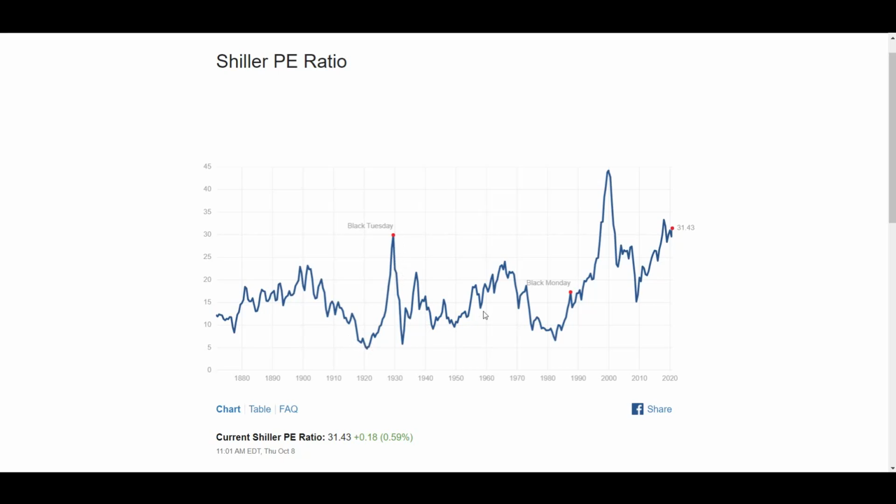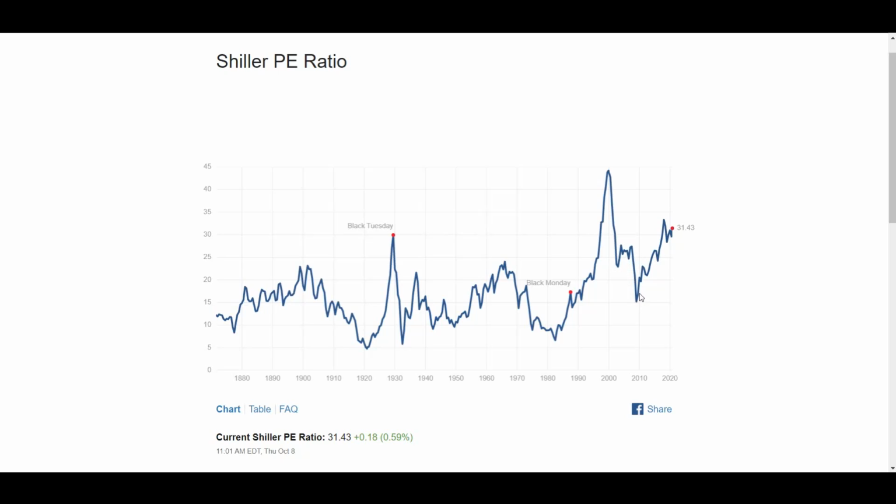You can see the graph's got some key dates plotted on it. Black Tuesday just before the 1930s, Black Monday in the late 1980s. You can see the dot-com bubble, 1999-2000. You can see the Lehman Brothers subprime mortgage disaster, you would call it, in 2008.